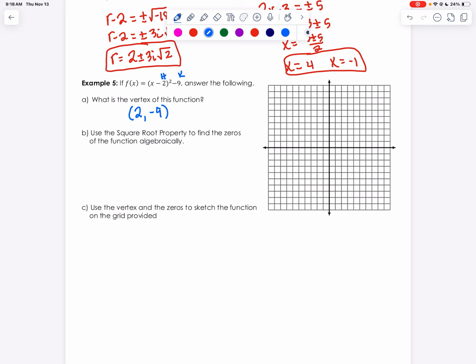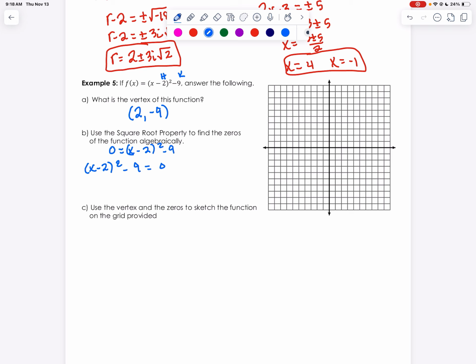Part B, use the square root property to find the zeros of the function. So if I want to find the zeros, that means I need to plug in a 0 for f of x equals x minus 2 quantity squared minus 9. Again, if it makes you feel better, you can rewrite this expression as x minus 2 quantity squared minus 9 equals 0.